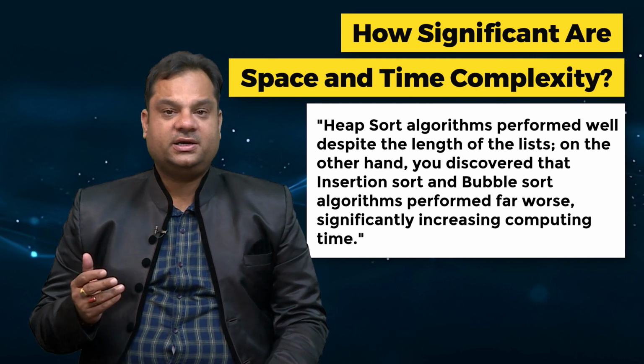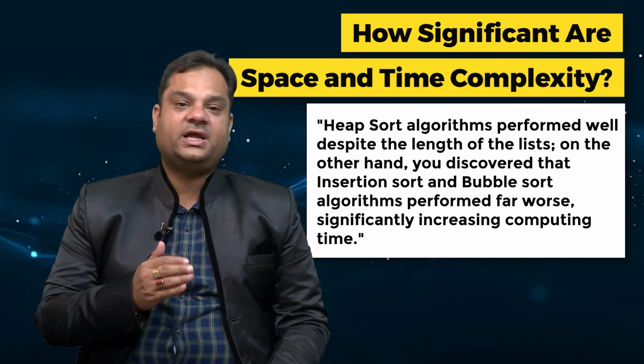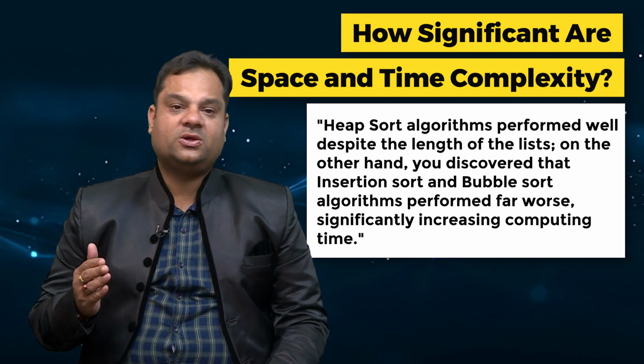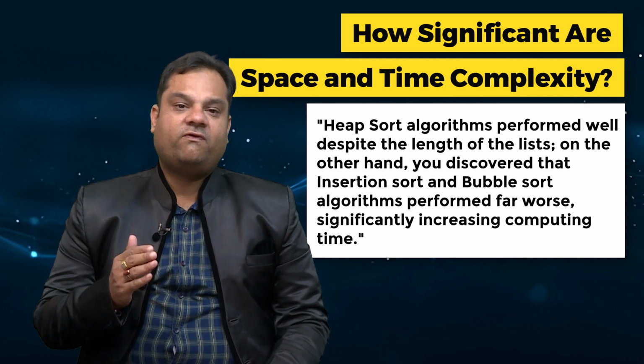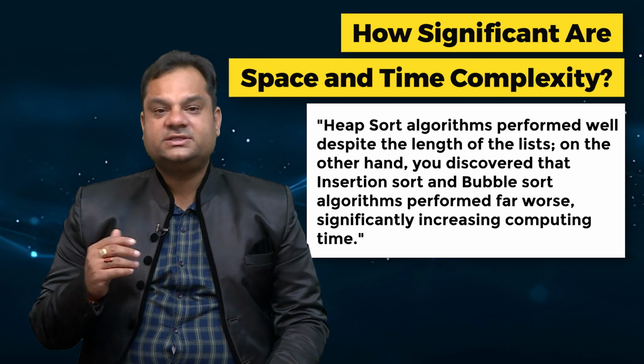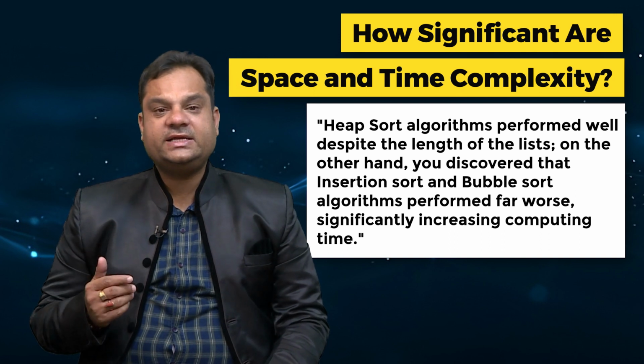On the other hand, you discovered that insertion sort and bubble sort algorithms performed worst, significantly increasing computing time. Before you can run an analysis of an algorithm, you must first determine its stability. Understanding your data is the most important aspect of conducting a successful analysis.